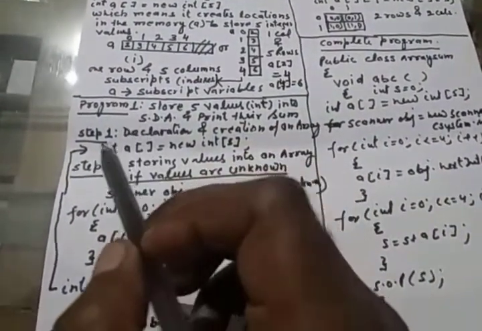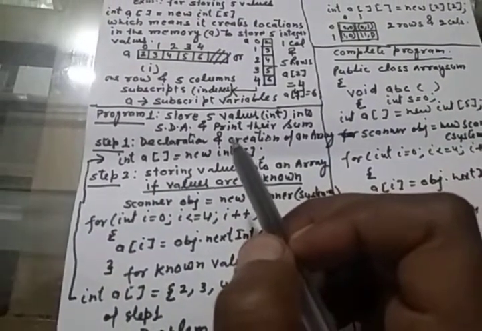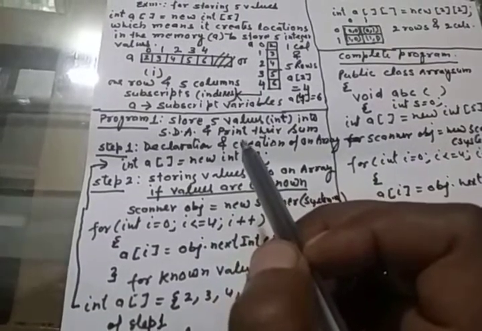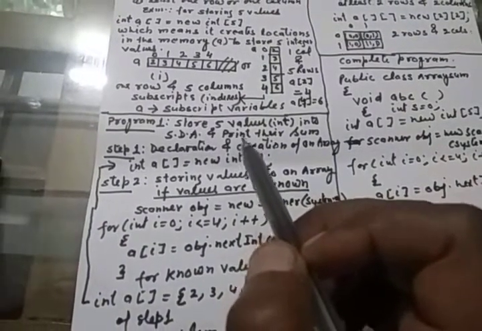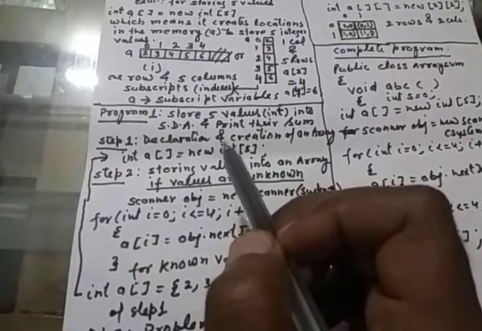So how will it be stored? As you know, what is step number 1? If you want to store 5 values into any memory variable, it means that memory variable must have 5 locations. If that memory variable has 5 locations, then you can store 5 values.